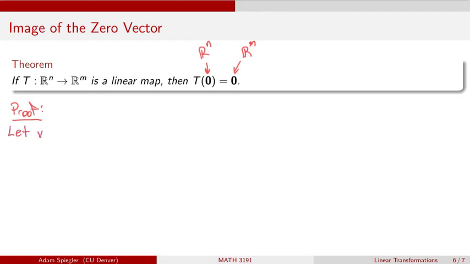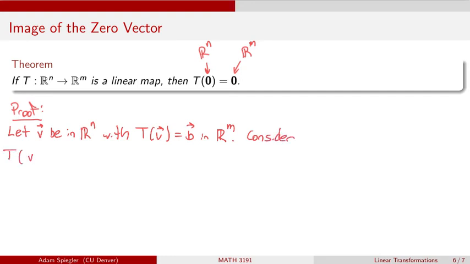So let's first define a vector v, which is going to be in our domain, which is Rn. And we're going to define that the image of v, when I apply transformation T to v, I get some vector b, which is in the codomain Rm. So let's consider the following map.